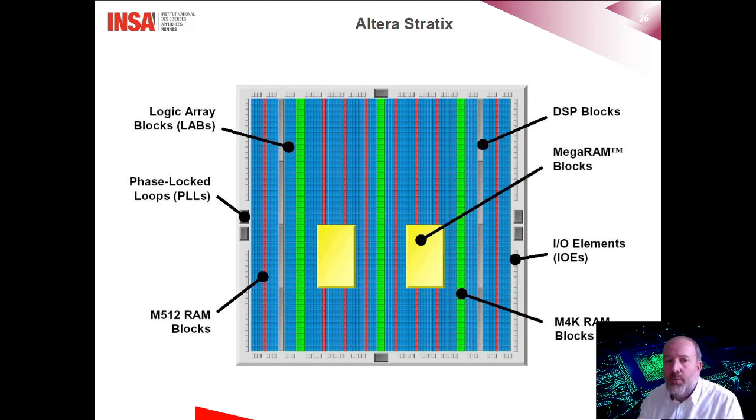Larger memory of 4K bits, in green on the figure, is also available on the device. The 2 yellow blocks represent mega RAM blocks, which are blocks with larger quantities of memory. Finally, we see the DSP blocks that are also arranged in columns in this type of device.